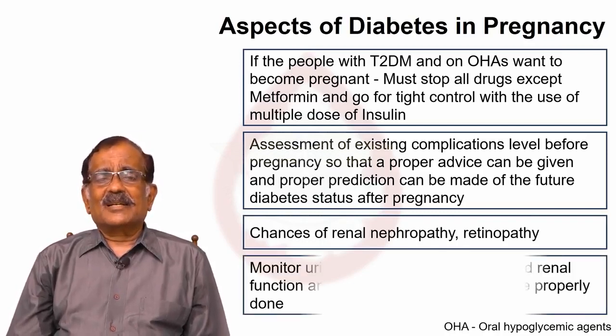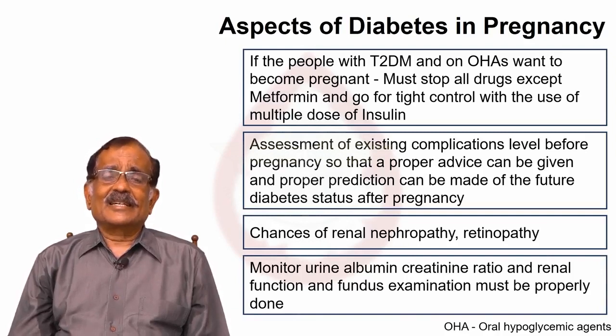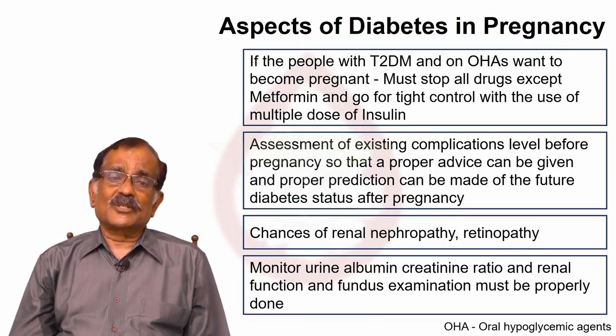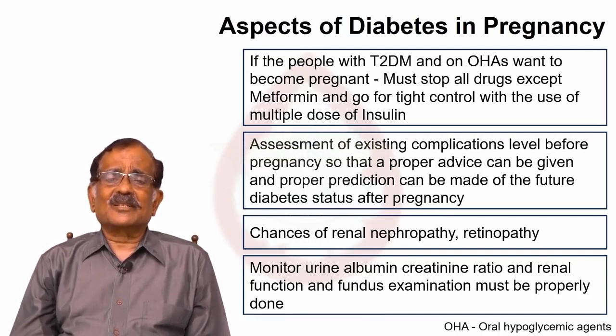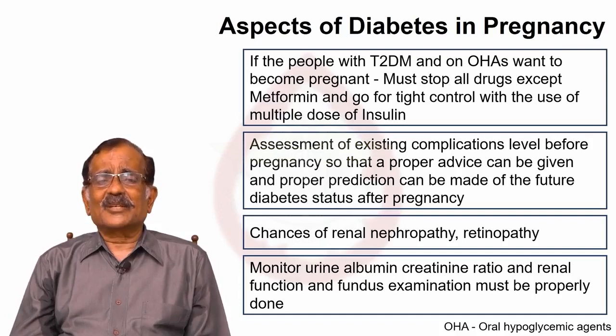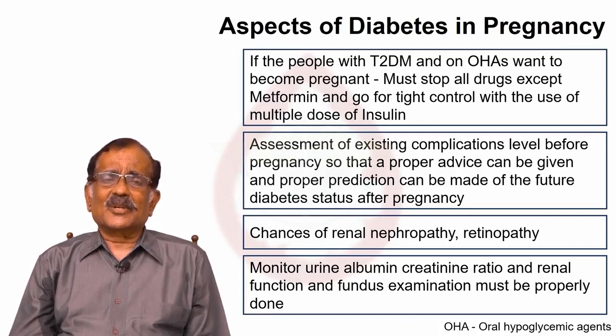For example, the patient's urine albumin creatinine ratio must be properly monitored, renal function must be properly monitored, and fundus examination must be properly done, dilated, under the supervision of an ophthalmologist, to make sure that there is no retinopathy, or if it is present, what is the stage of nephropathy, and is the retinopathy pre-proliferative or proliferative. So these all must be sorted out.